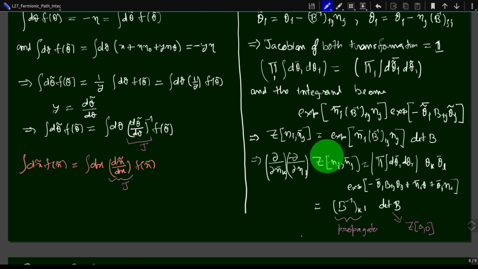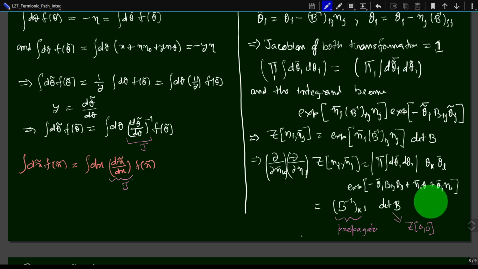But if I take the same derivative on this Z, of course determinant B is a constant as a function of eta, so it will give me this particular term. Okay, and taking the derivative of this, actually I forgot to write this: not just determinant B but determinant B times this entire exponential factor will also sit over here.